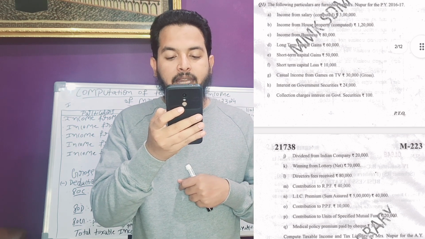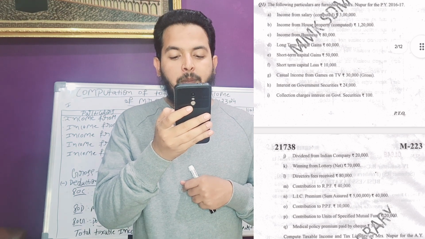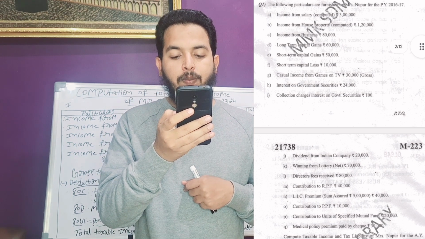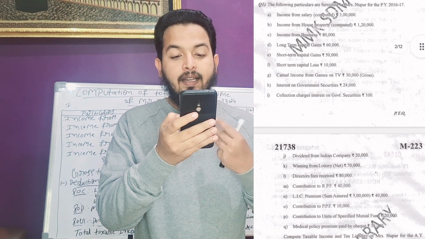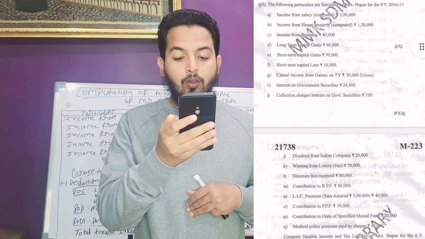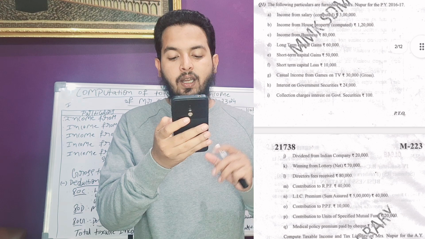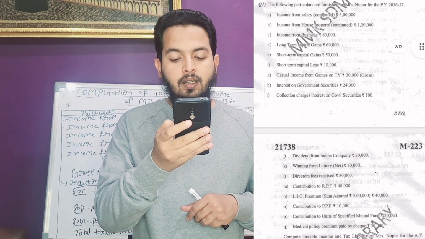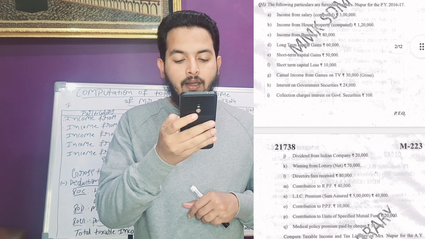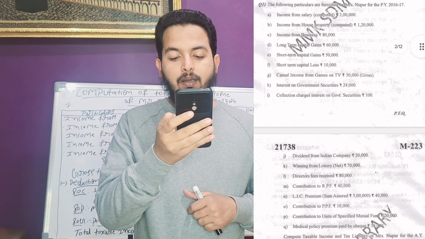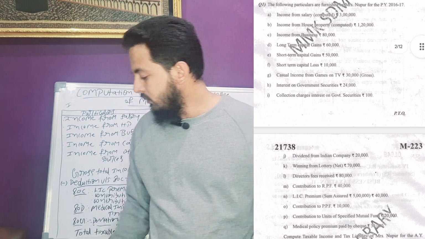Contribution to PPF, again ATC, contribution to units of mutual fund, ATC, medical policy premium by check rupees 30,000, again 30,000 they have given. They have not told about the age, we'll assume it is below the age of 60 years, and 25,000 maximum deduction they can claim under 80D. Compute taxable income and tax liability of Miss Nupur.